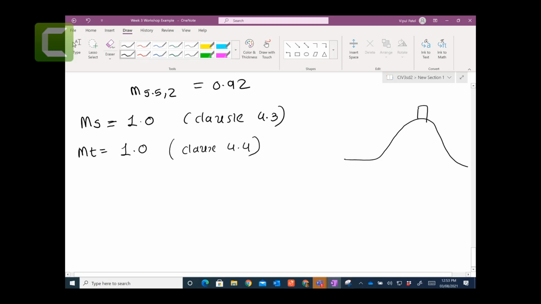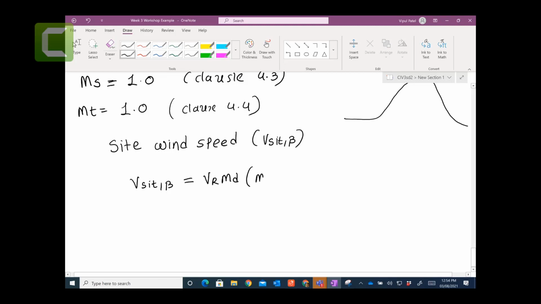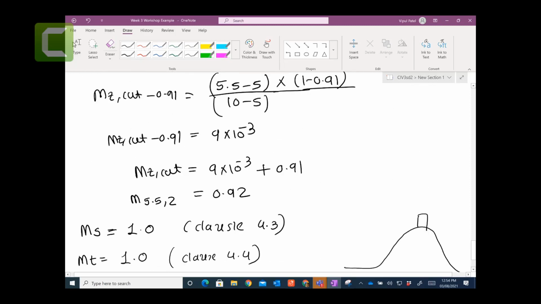Clause 4.4, right? For our case, let me rewrite, because we calculated everything. Site wind speed is denoted by V site beta, and V site beta equals VR, Md, Mz cat, Ms, and Mt. VR, how much was that?